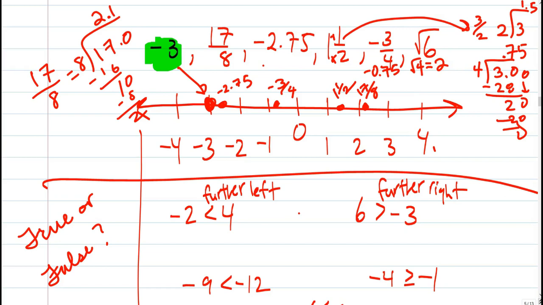I don't know the square root of 6, or 7, or 8, but I do know the square root of 9 is 3. So doesn't it make sense that if 6 is between 4 and 9, our answer must be somewhere between 2 and 3? Somewhere between 2 and 3, we're going to put the square root of 6.